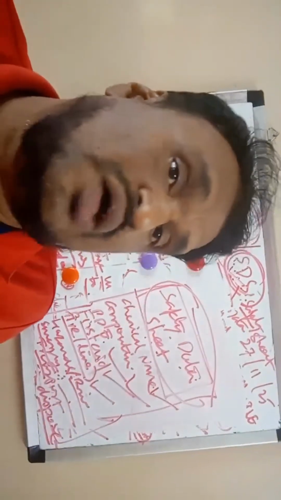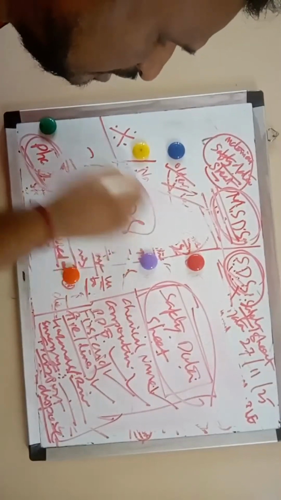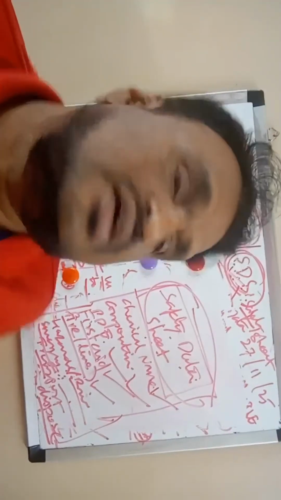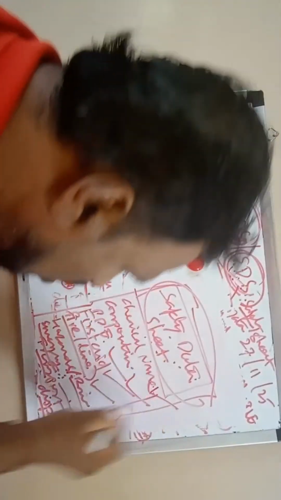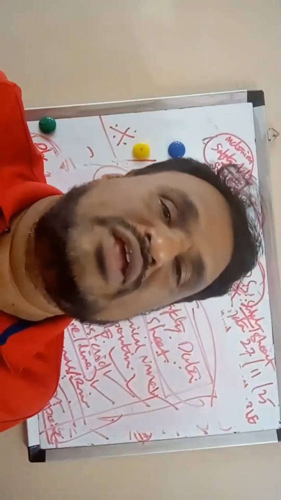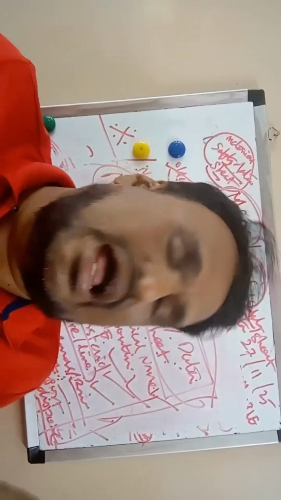So now the point is the MSDS is totally not accepted hereafter. Only the safety data sheet is accepted, with all this detail that you have to adhere to and follow. When you follow this, it's acceptable as per the occupational health and safety management systems, and it's internationally recognized.